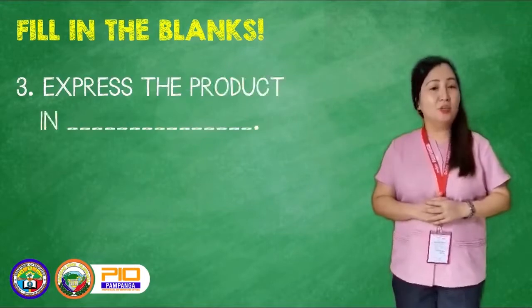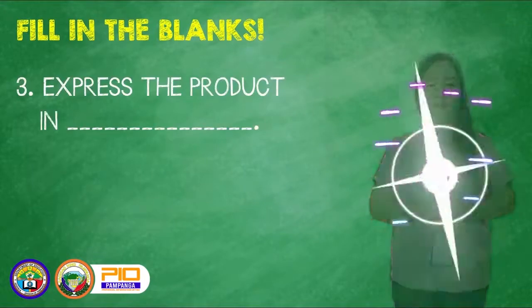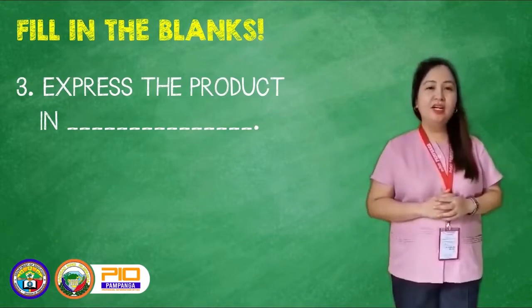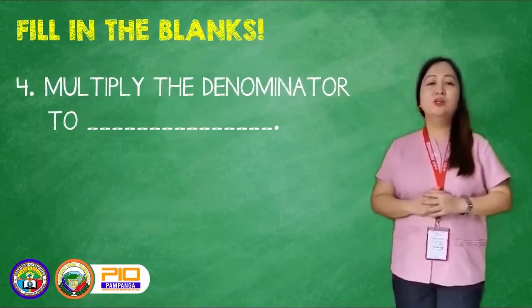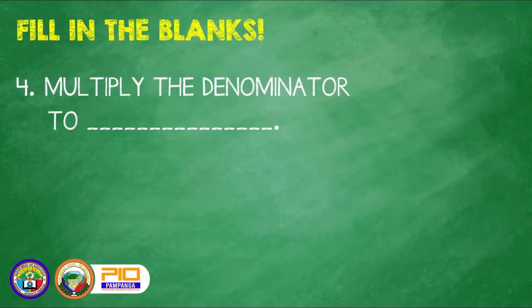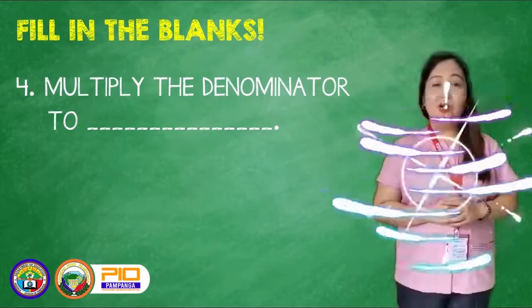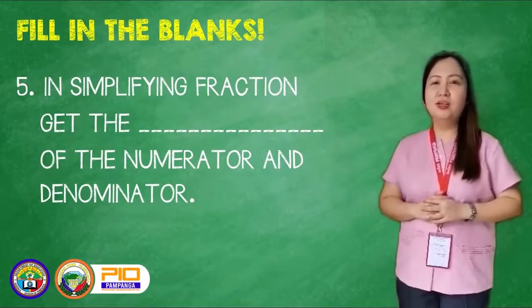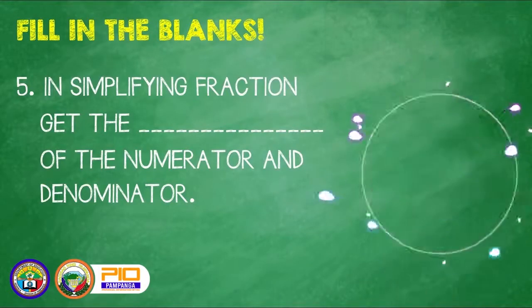Number 3, express the product in blank. Number 4, multiply the denominator to blank. And number 5, in simplifying fractions, get the blank of the numerator and denominator.